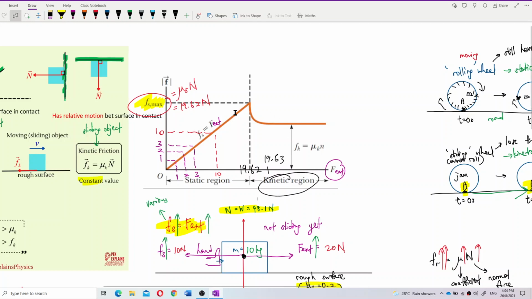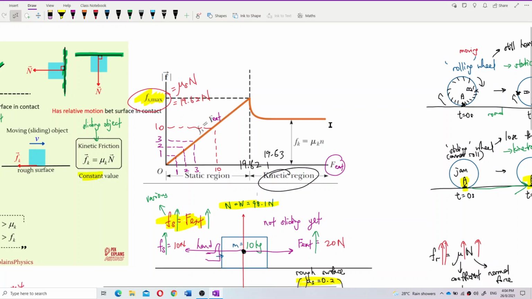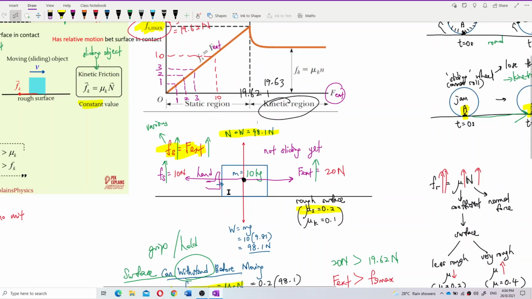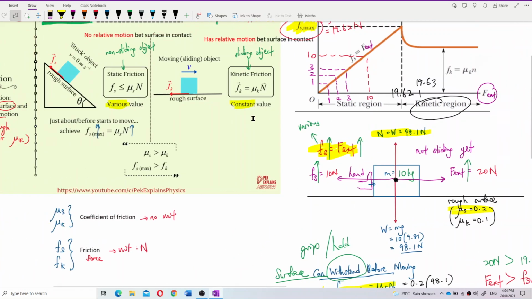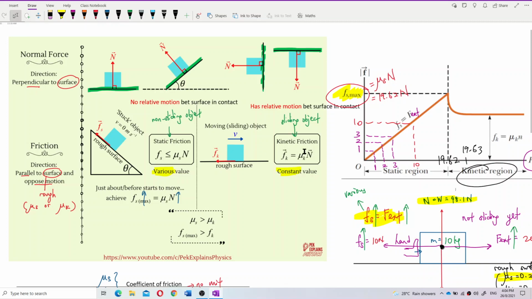The friction will drop suddenly to another value, because when the block starts to slide, it does not experience static friction anymore. It experiences kinetic friction, which is mu K n.